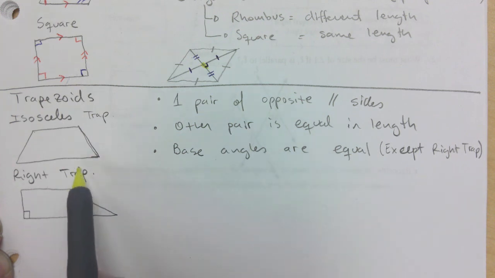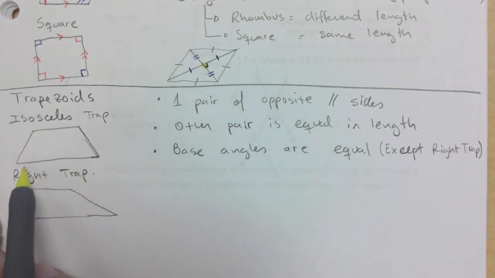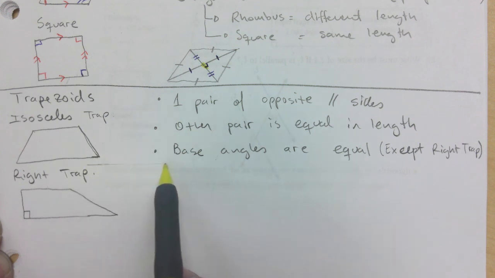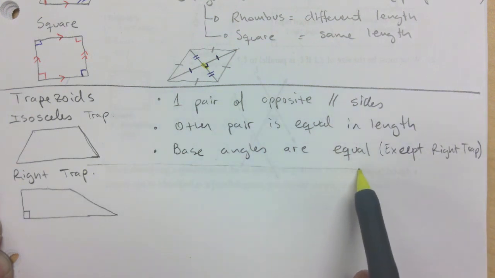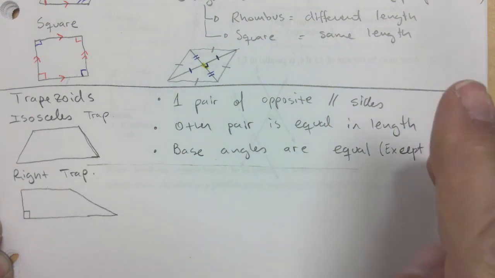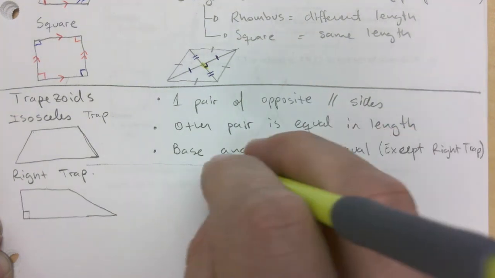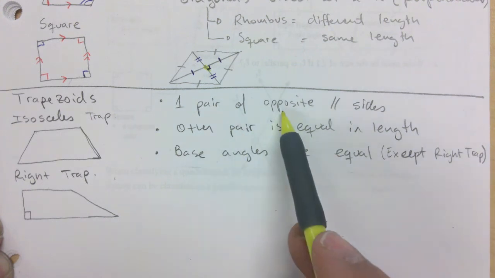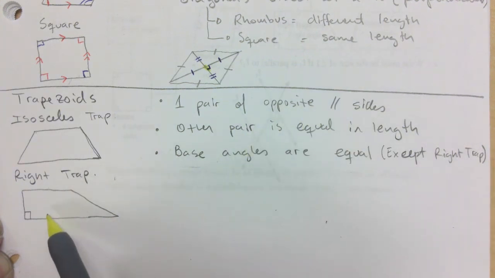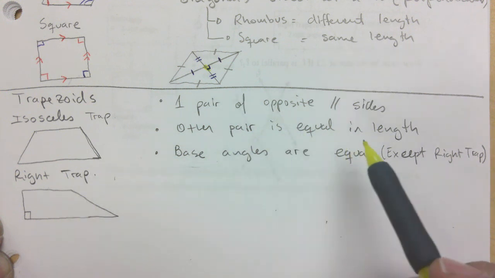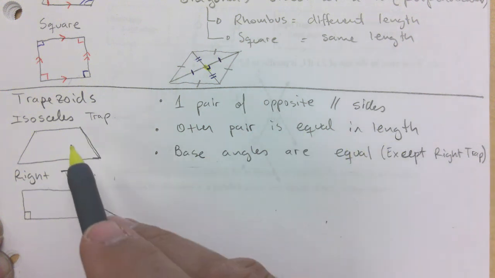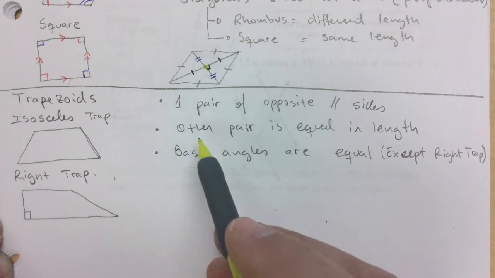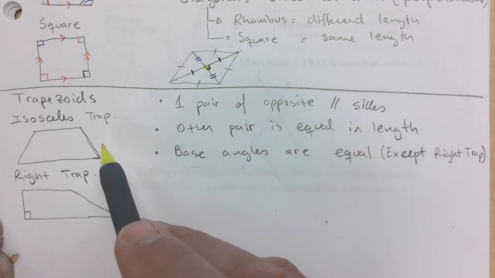So can I ask you to kind of just do like a sub? Well, not really, because never mind. Because the one pair of opposite parallel sides is still the same here. This is unique to this only. Okay, this one is unique to this.